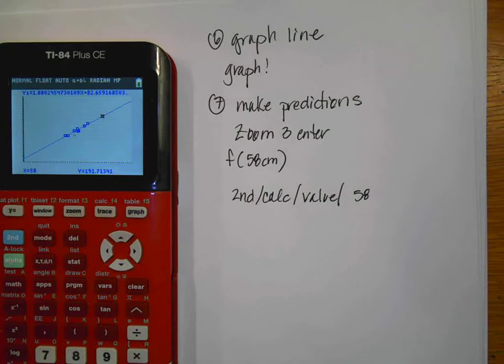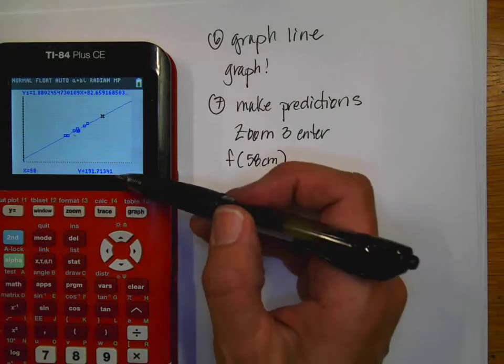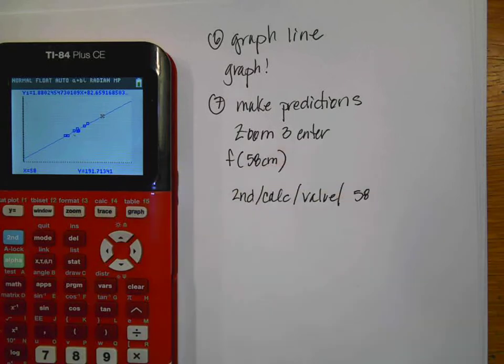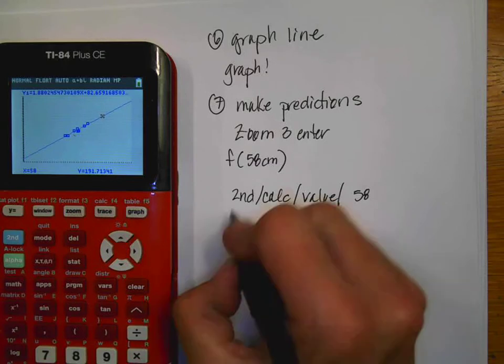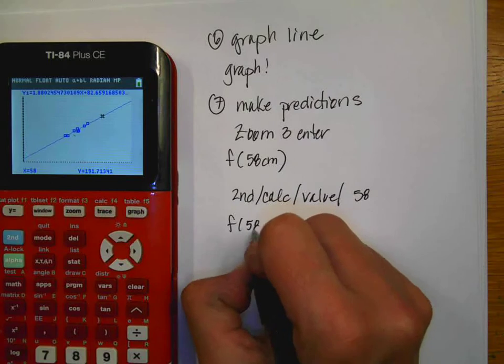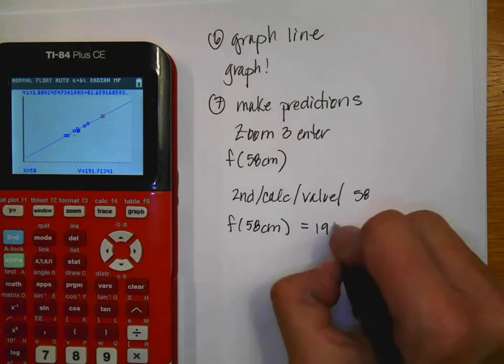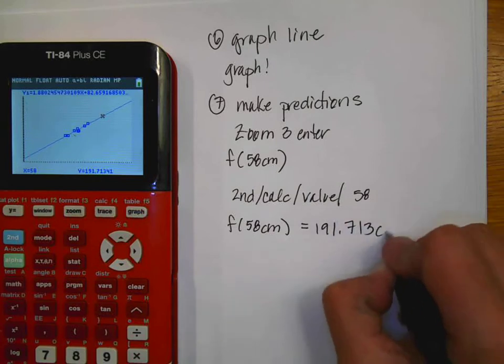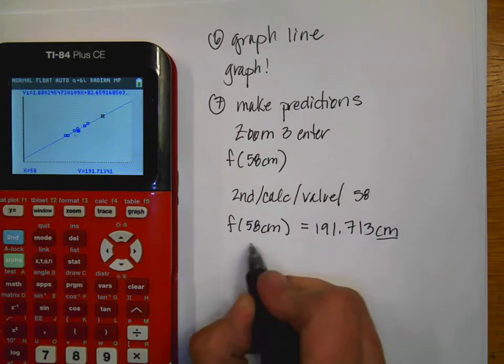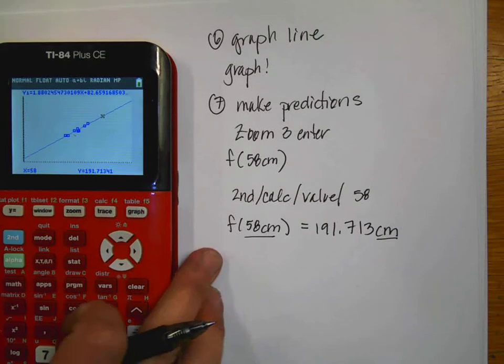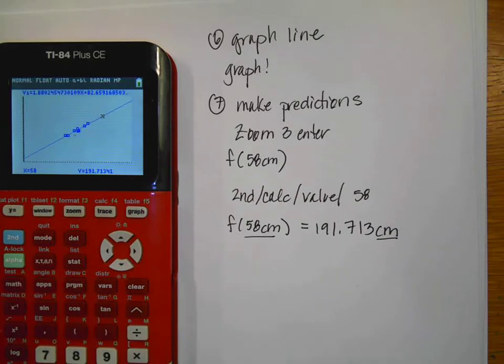So second, calculate, value, I'm telling it that the x value is 58, and it's telling me the y value is right here, okay? There we go. So it's telling me that f of 58 centimeters is equal to 191.713 centimeters. Remember, I wrote down units and I predicted. So I think that we've met all of the criteria, okay?